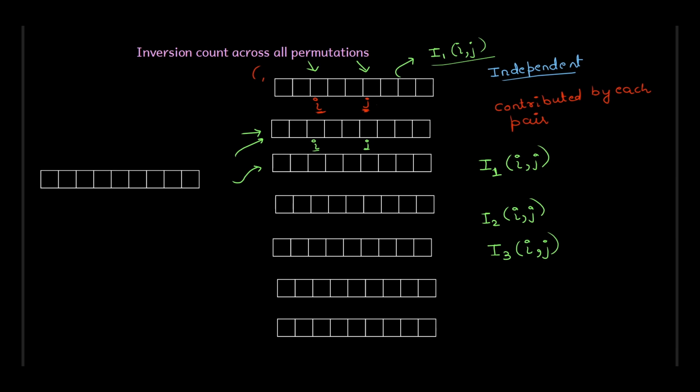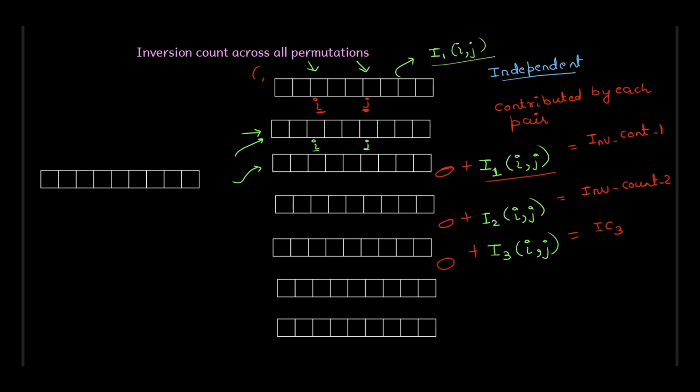And now notice that this term will appear in the inversion count of 1, and there will be other terms as well, sure. This term will appear in inversion count of 2. Same, this will appear in IC3.